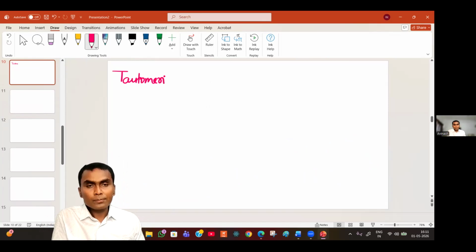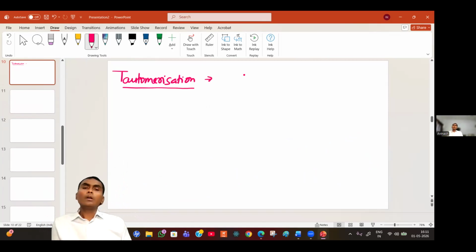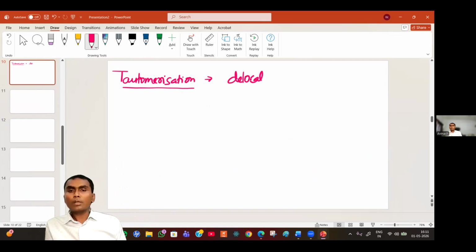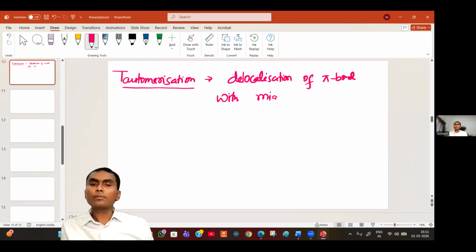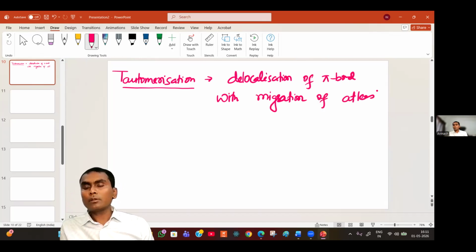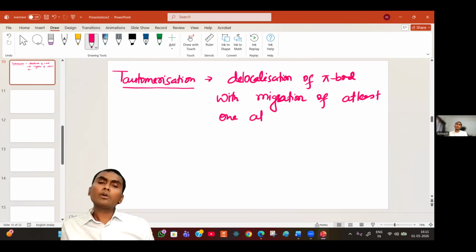Tautomerization: delocalization of a pi bond with migration of at least one atom or hydrogen. This process is called tautomerization.